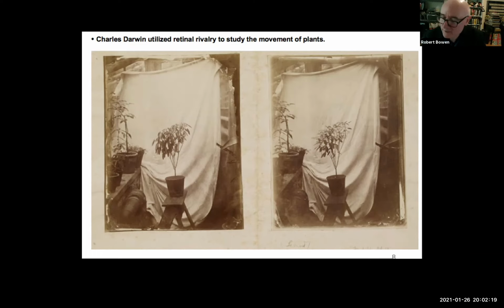But most famously, they've been used for examining Shakespeare folios, because to see differences between the different Shakespeare folios in the Folger library, they use a stereo comparator. So that was invented later by Carl Pulfrich, who is a fascinating scientist. But Darwin is already using the stereoscope as a stereo comparator much earlier.